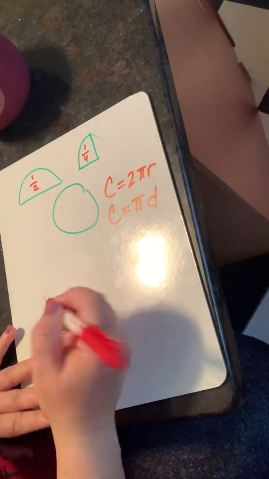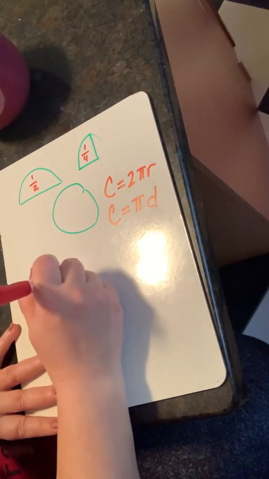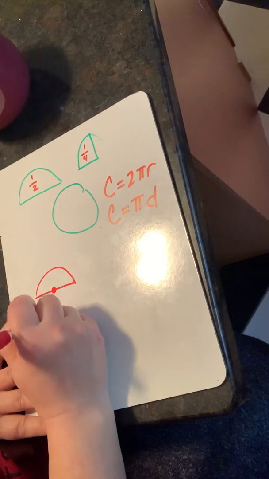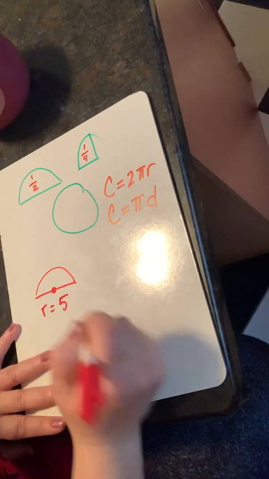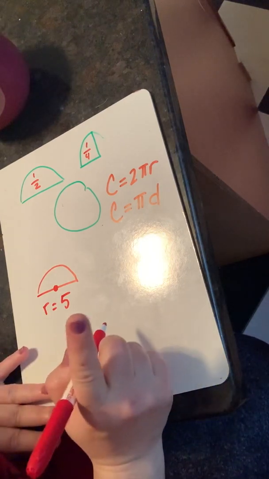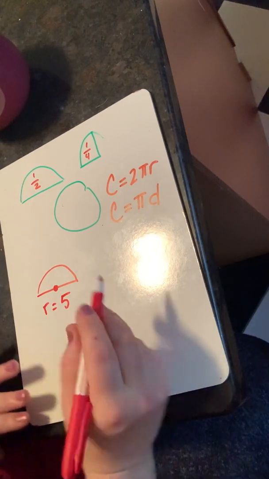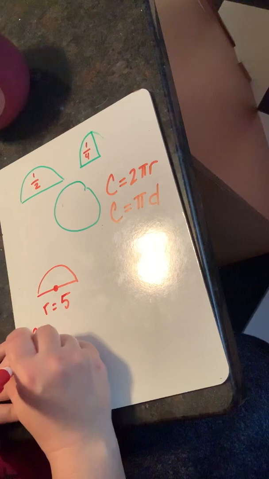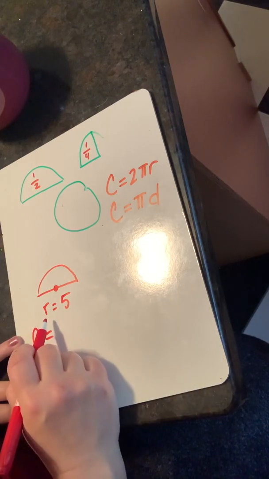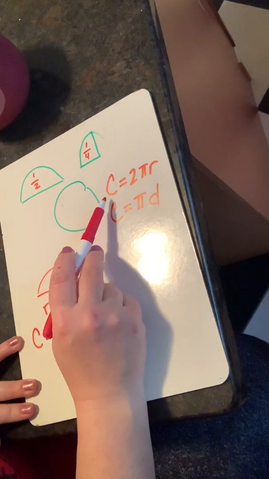So I'm going to start with a semicircle, and the radius of my semicircle is 5 units. The first step is to find the circumference. So I rewrite my circumference equation. Since I'm given radius, I'm going to use circumference equals 2 pi r.